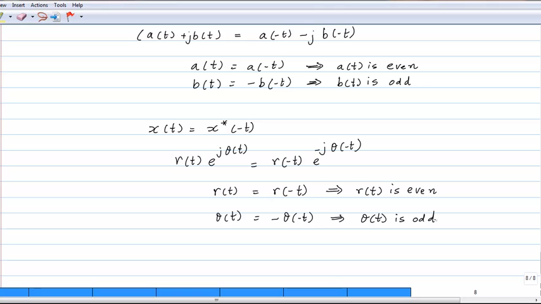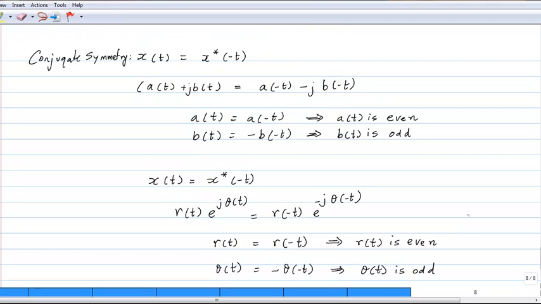In the same way, you can derive the conditions for the real and imaginary parts when x of t is conjugate antisymmetric. In this case, you get the condition that a of t is odd and b of t is even.